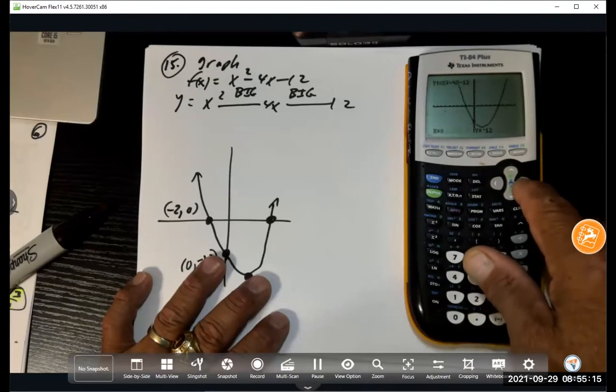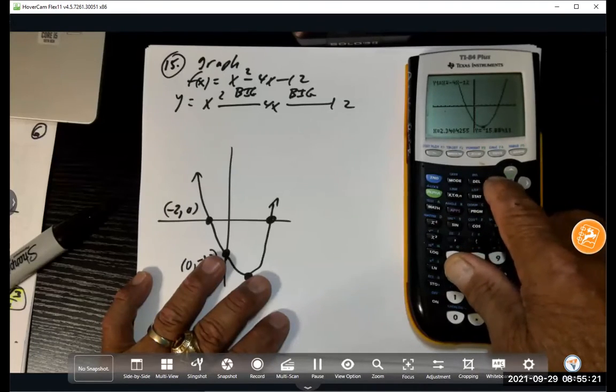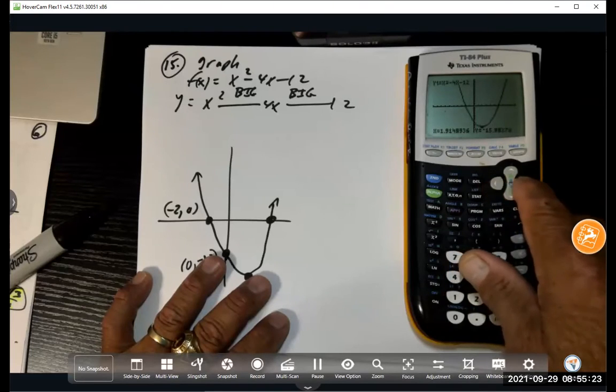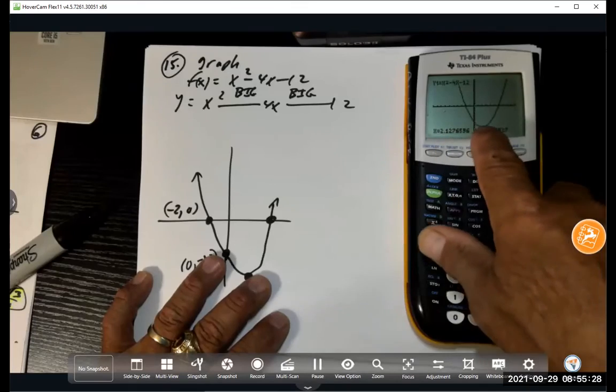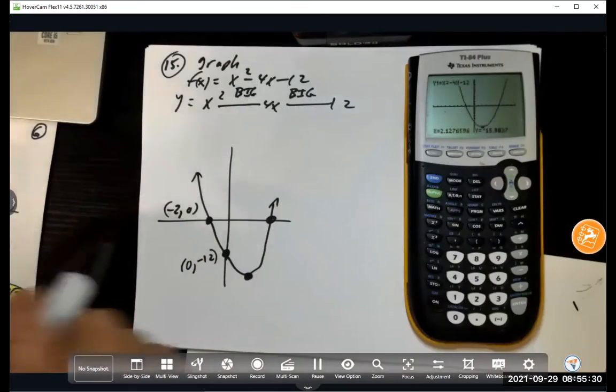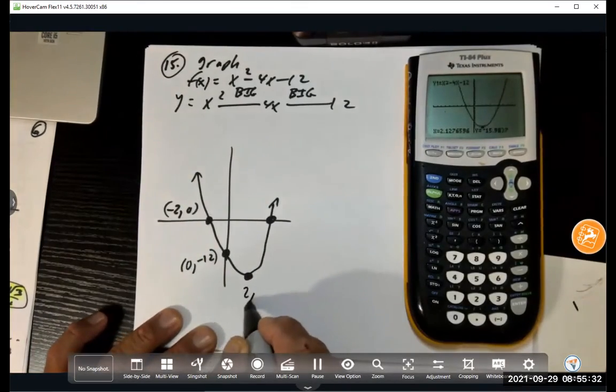Yeah, that's easier, because I can see the bottom of the hump right there. See it? The bottom of it looks like a 1.91, like a 2.12. So I'm gonna say it's a 2. This right here is a 2. It was 2 and negative 16.